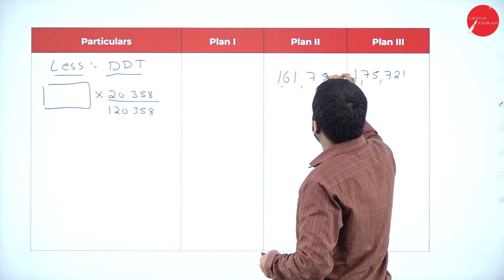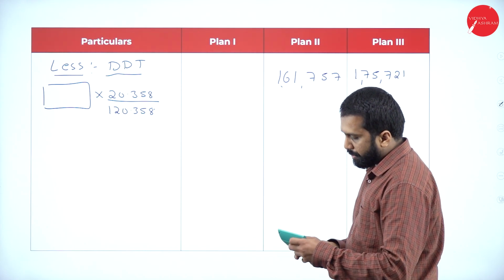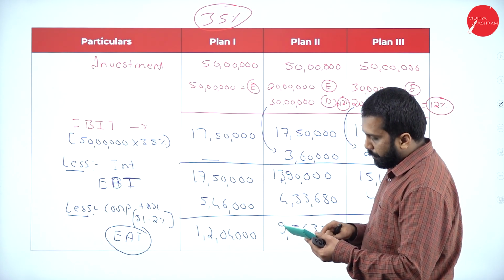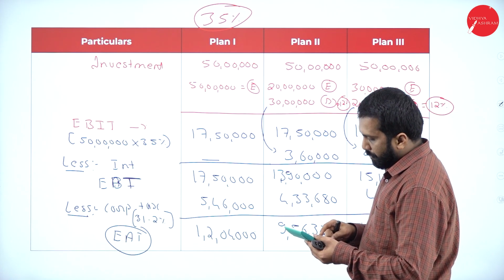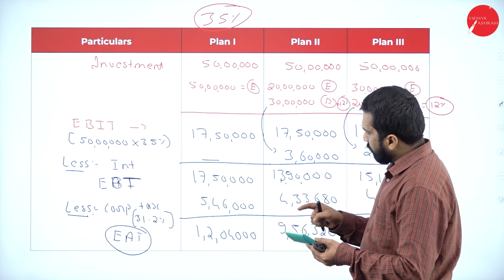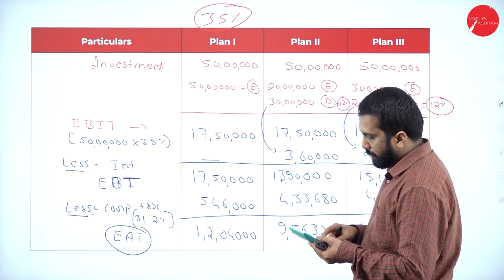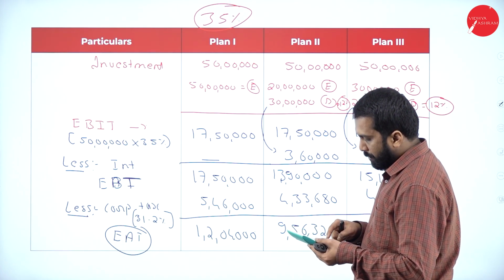What is the first one? 12,04,000 multiplied with 20.358 divided by 120.358.